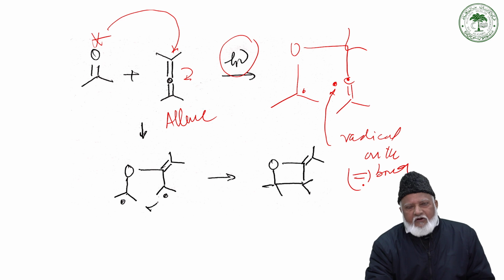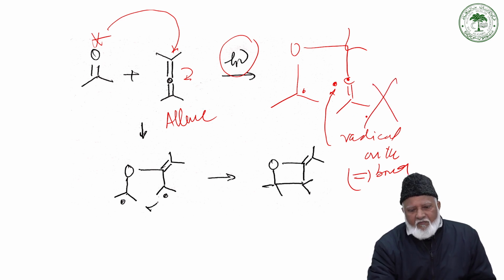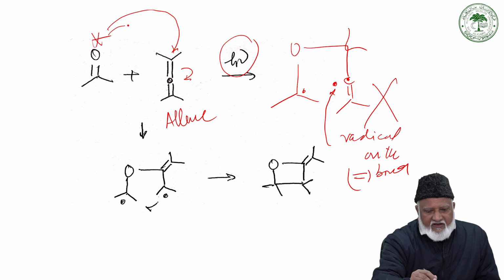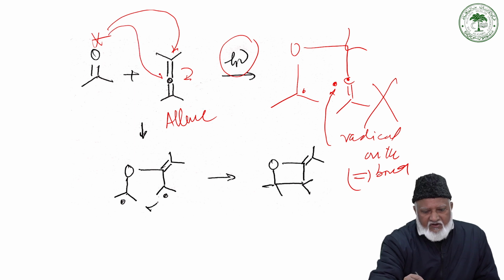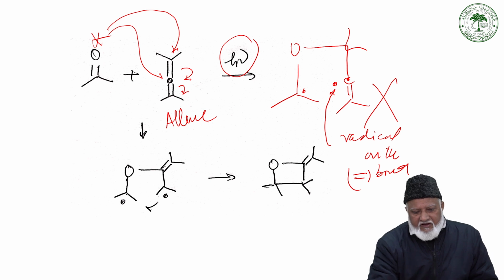radical on the double bond is unstable, so it doesn't form, but this excited carbonyl adds to this carbon to generate a radical.